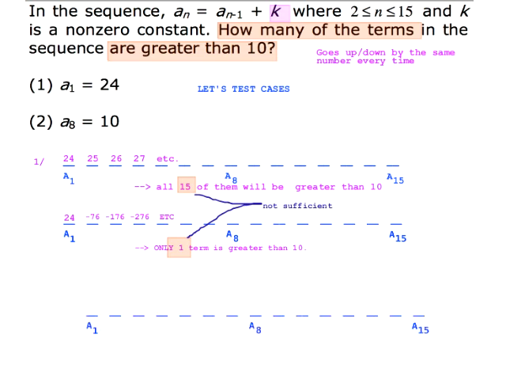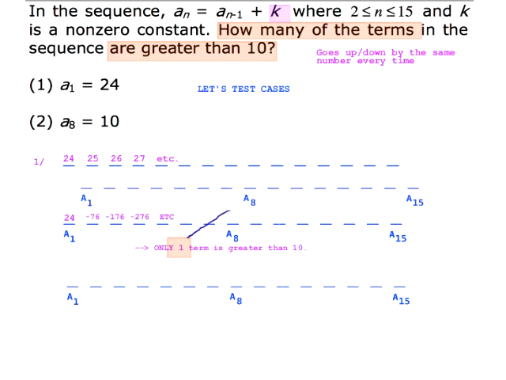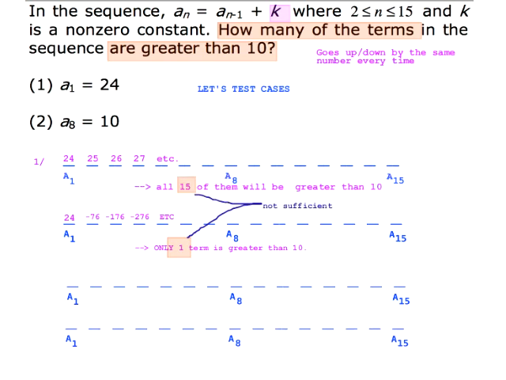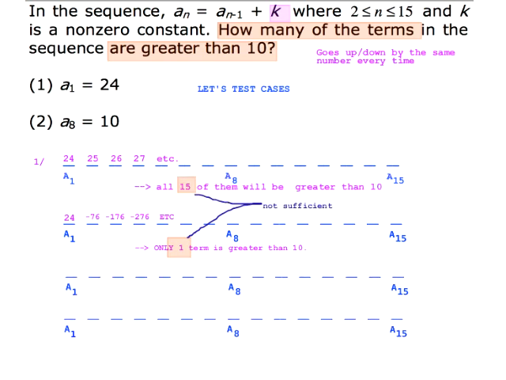Okay, statement 2. Let's do the same thing. Notice again, A8 is the median, and it's also 10. You might think that something is fishy about that, and you would, of course, be right. But let's just see what happens here. So now we're doing statement 2.